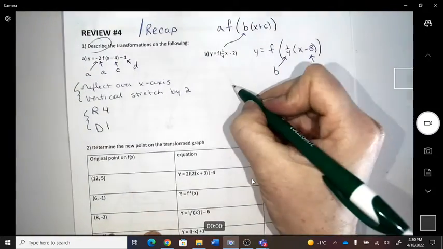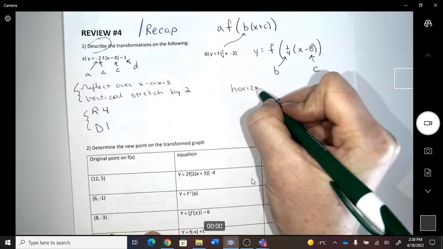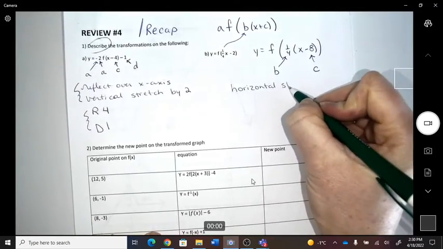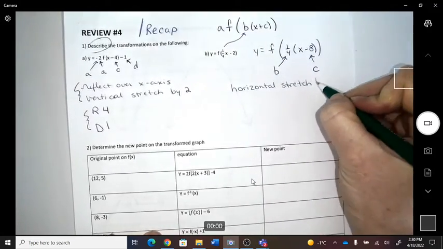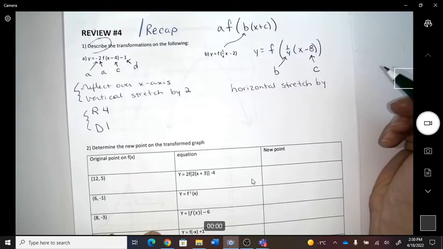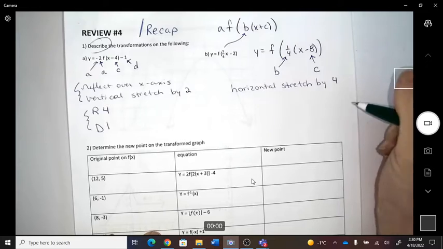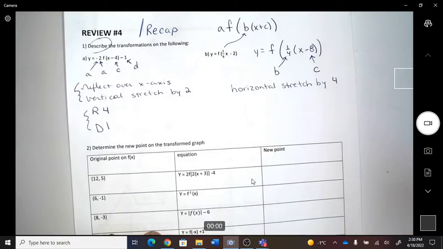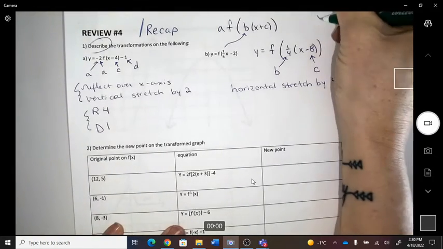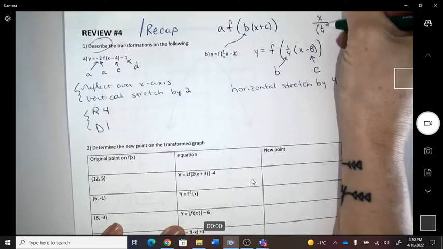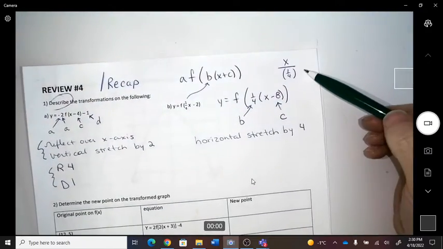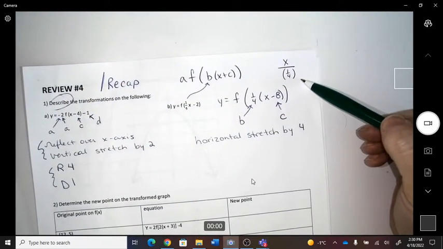It will actually horizontally stretch by 4. Can you do by like 1/4? It would horizontally compress by a quarter, which mathematically, because this is what's happening, this is me compressing something by a quarter, right?